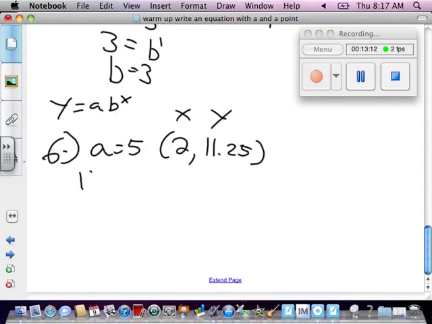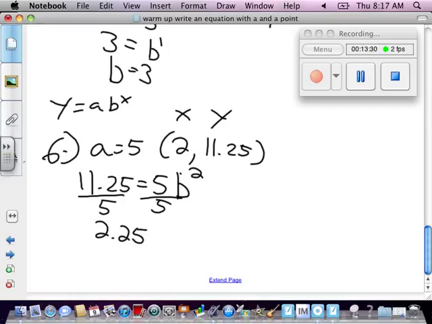So I have 11.25 equals a, which is 5, times b squared. So, ladies and gentlemen, what is my first step? Divide. Good. Divide both sides by 5, and we get 2.25 equals b squared.